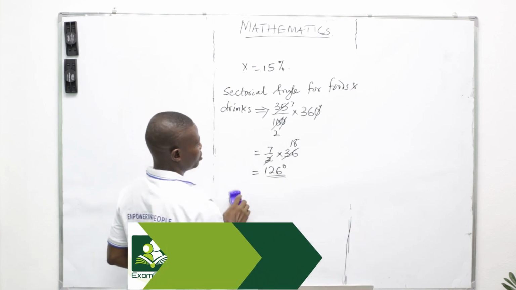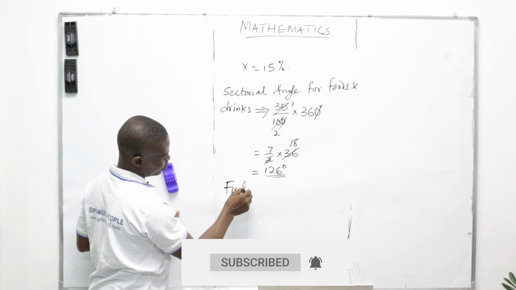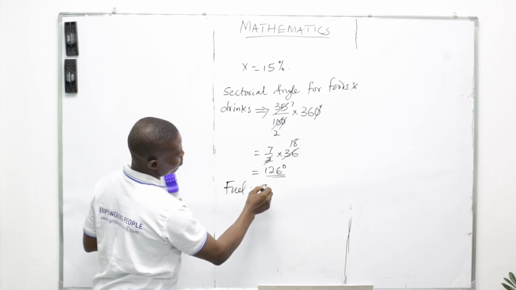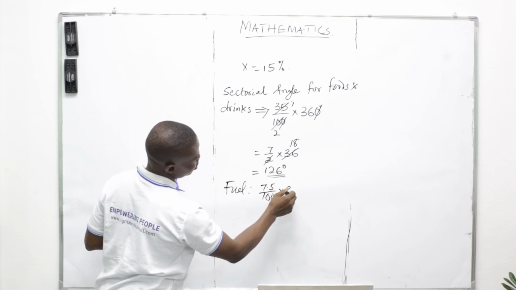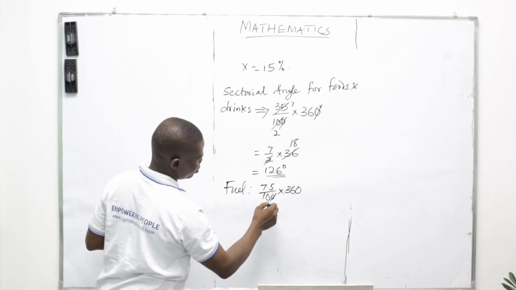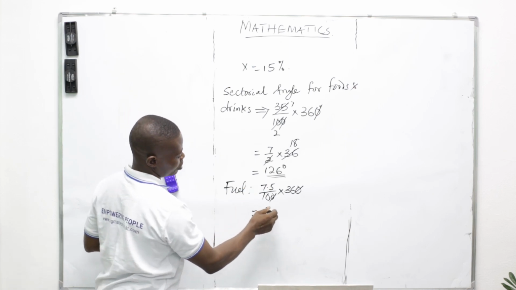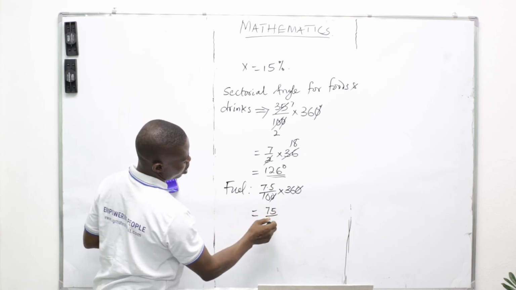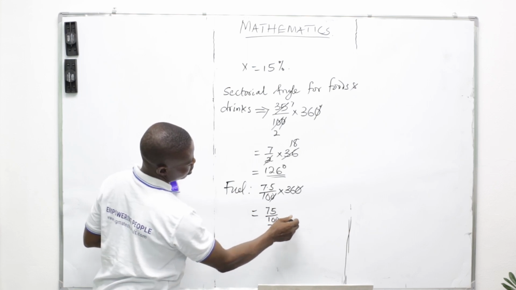Let us solve for fuel. For fuel, 7.5% all over 100 times 360. 0 here, 0 here. Let's convert this. 75 all over 100 divided by 10 over 1 multiplied by 36.